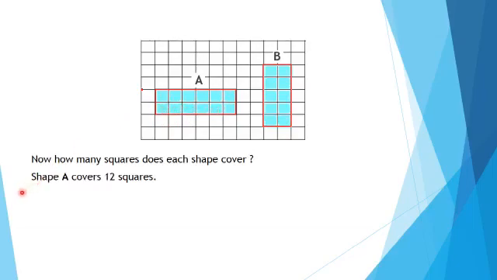So the shape A covers 12 squares. Now we will count the squares that the shape B covers. 1, 2, 3, 4, 5, 6, 7, 8, 9, 10. So the shape B covers 10 squares. So we come to the conclusion that A has a larger area than B.